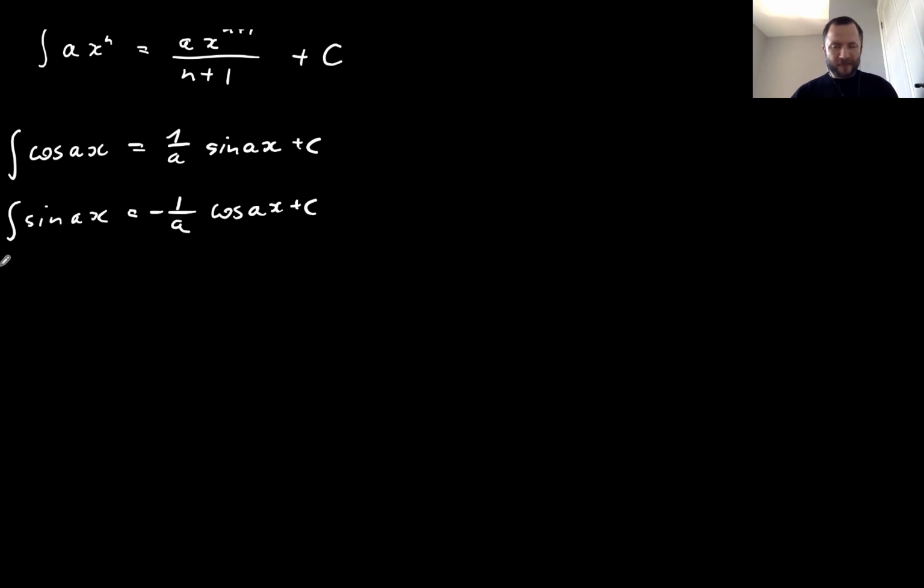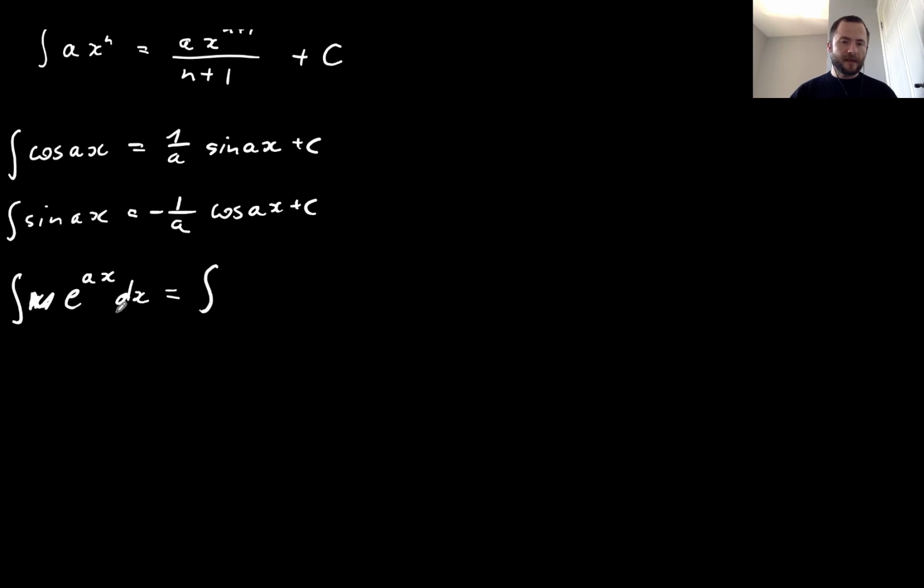Two more that I want to take a look at. So if we're integrating a, maybe there isn't really a need for this because constants are taken out from integrations. So let's say e to the power of ax dx, and dx can be there or doesn't have to be there, it's just an addition really.